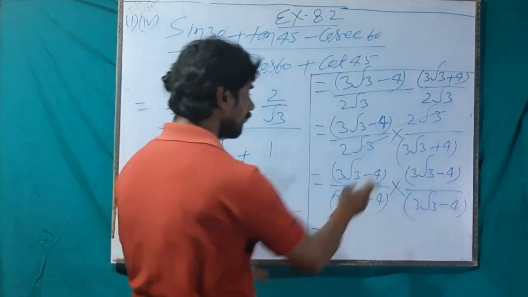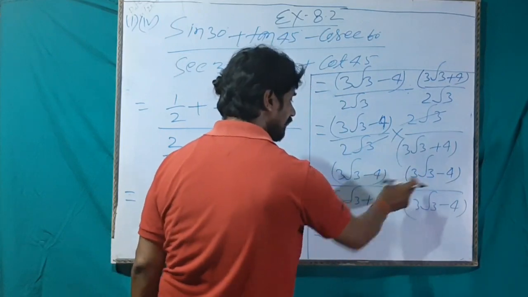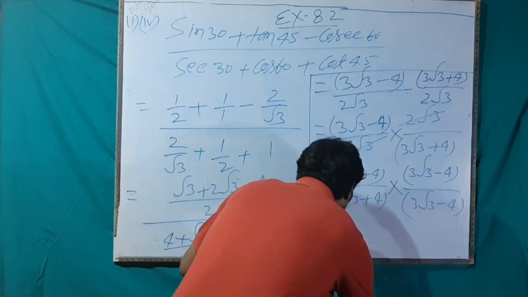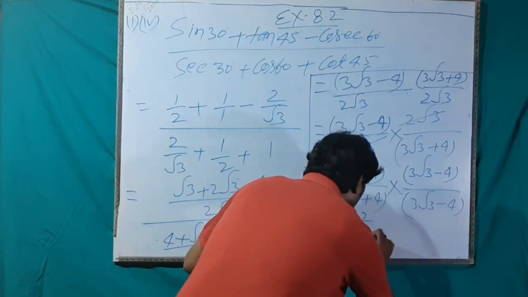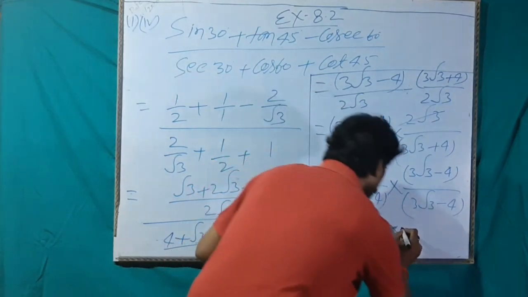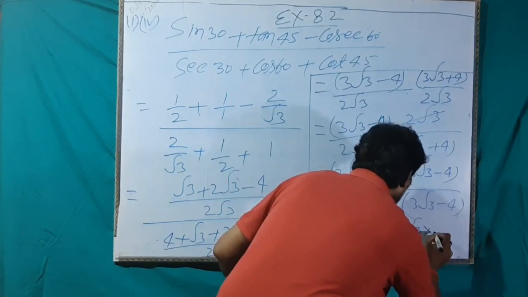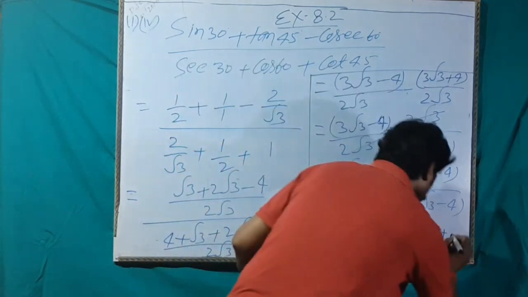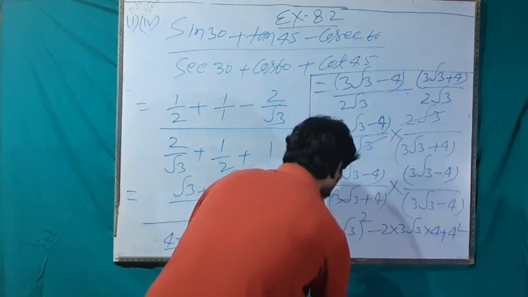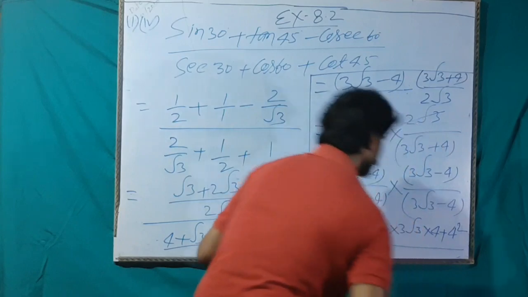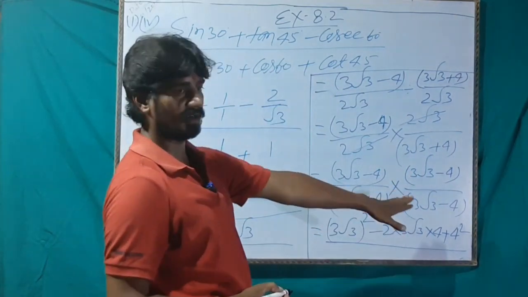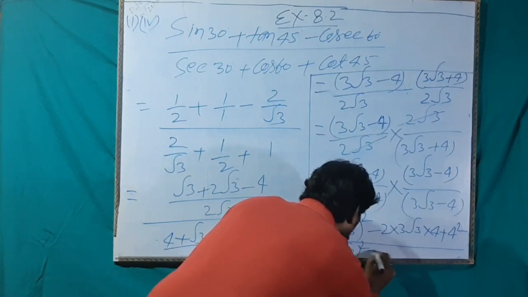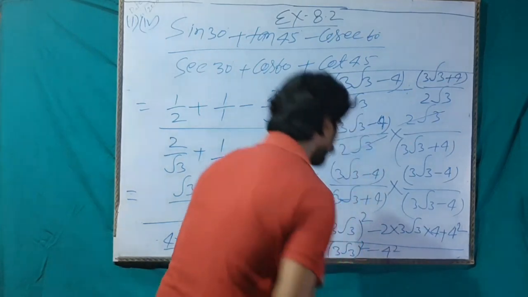When we multiply a minus b into a minus b, that is a minus b whole to the power 2, we will write a square minus 2ab plus b square, where a means 3 root 3, b means 4, so b square is 4 to the power 2, by a plus b into a minus b, that is 3 root 3 whole to the power 2 minus 4 square.